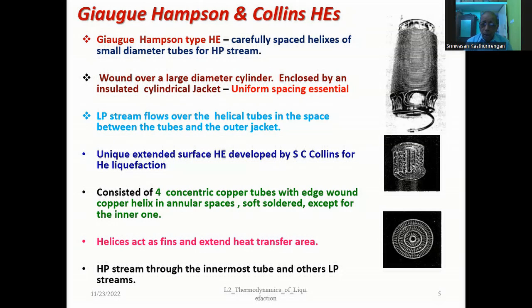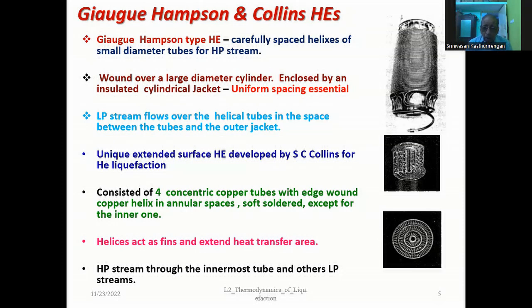Okay. Now, this sort of heat exchanger is used in air liquefaction systems, or all the liquefaction systems relating to air, nitrogen, argon, oxygen, etc. And this heat exchanger is very efficient in performance.